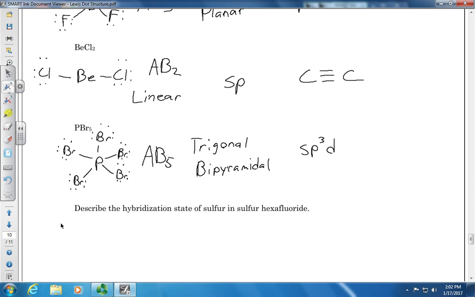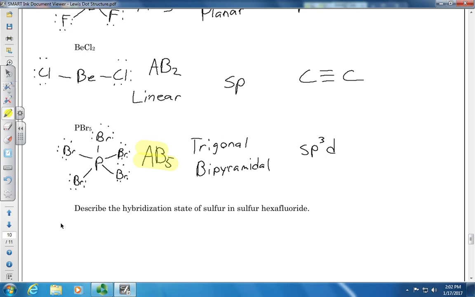for its hybridization state. And again, that is something that you're going to have to look at and memorize from a chart. You're going to memorize it based on your generic formulas. You're not going to worry about saying, oh, this is always going to be sp3 for the central atom.